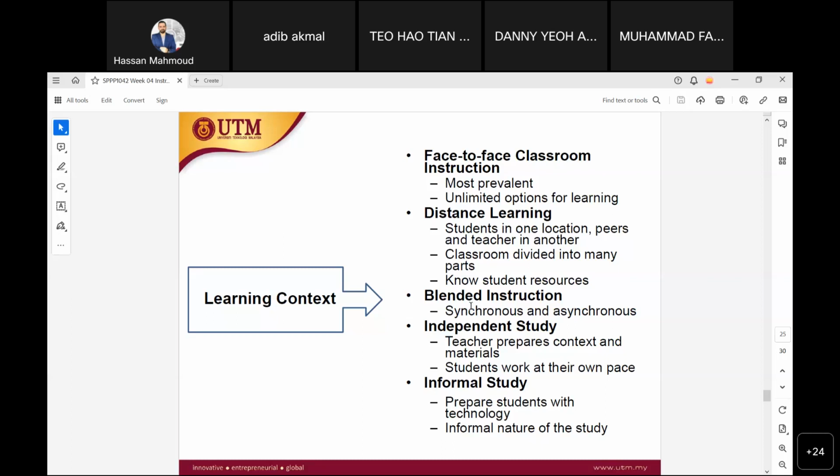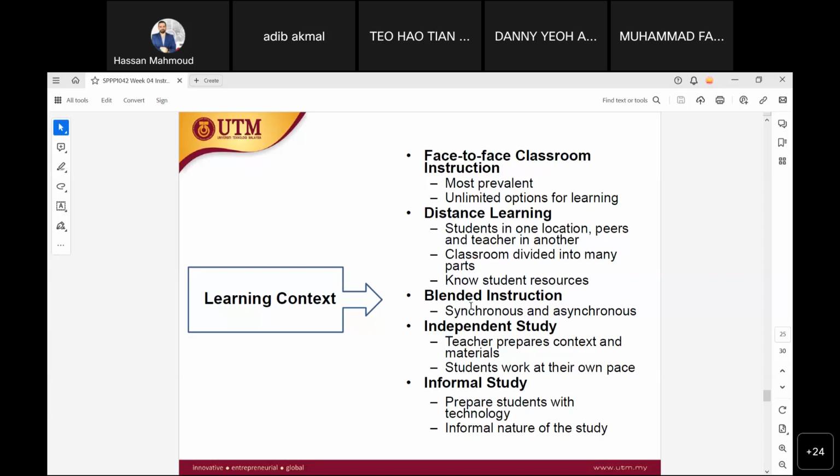Okay, great. And then we have independent study and informal study. Independent: the teacher prepares the context and materials, and students work at their own pace. At the end of the semester, if I give you the notes only, the 12 weeks of notes, and I'm not going to meet with you, neither face-to-face nor online, you are on your own.